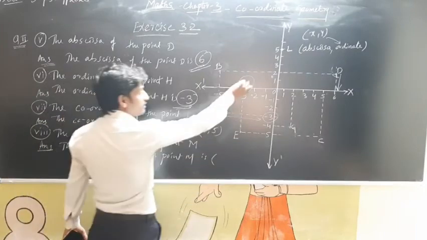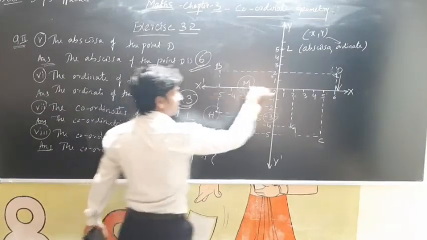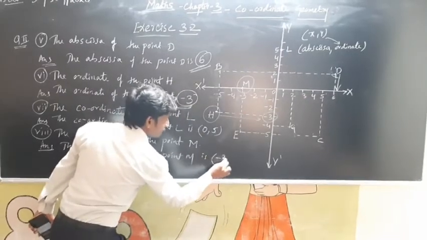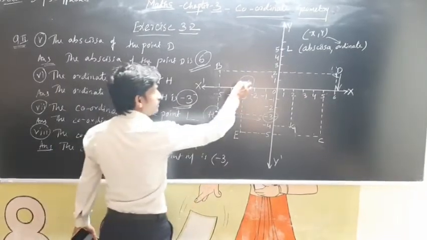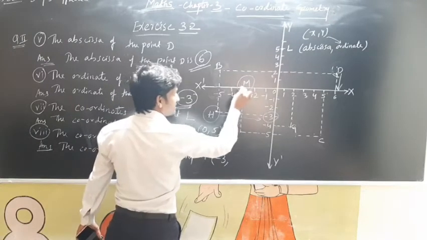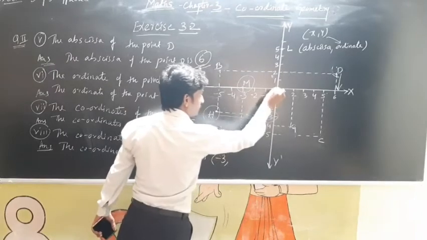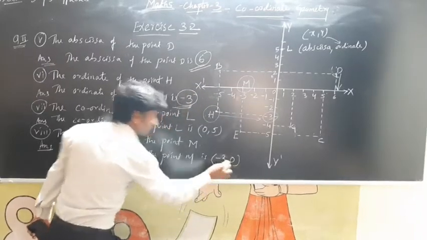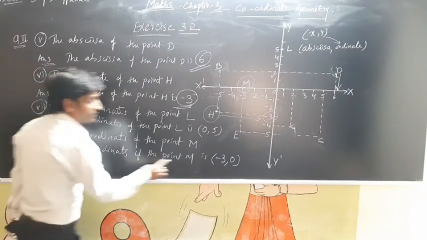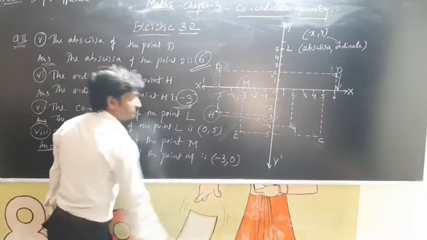First we will see the M is touching on the x axis at which point? That is -3. So my first value will be -3. Now in the y axis, does it touch the y axis anywhere? What is it touching? Origin. So that is a 0. So the answer, the coordinate of the point M is -3, 0.